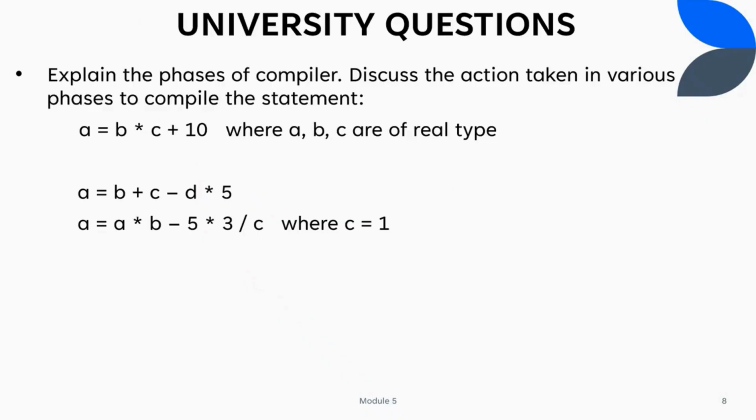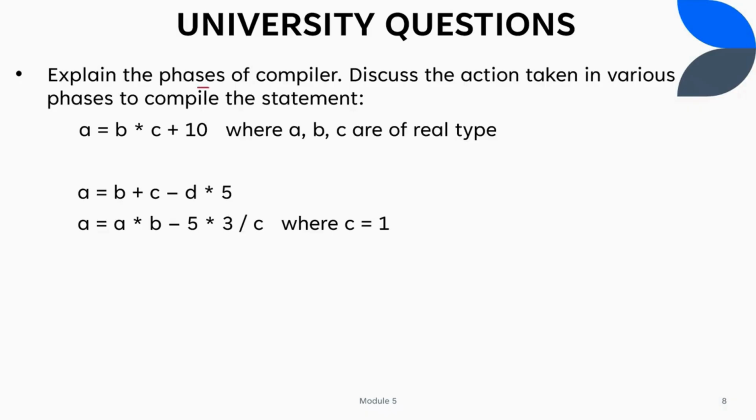So these are some questions which I have gathered from various university papers. I've gathered from Mumbai University paper. If you observe, the question says, explain the phases of compiler, discuss the action taken in various phases to compile the statement.